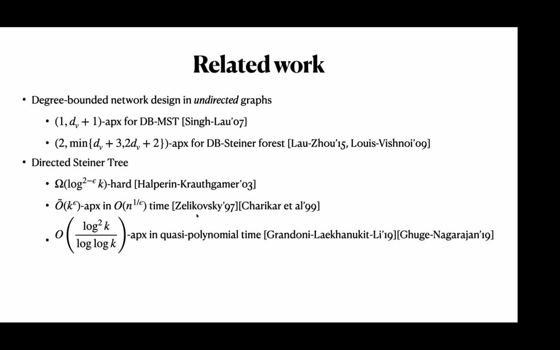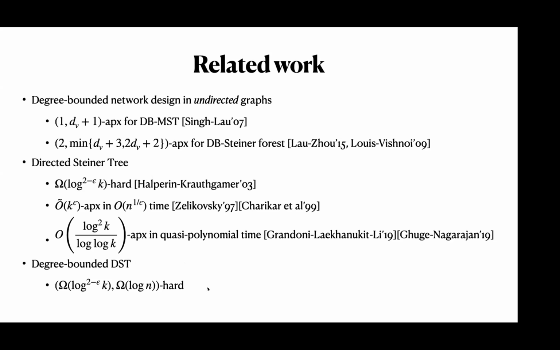However, if we allow quasi-polynomial running time, then there is a tight approximation ratio, log squared K over log K, assuming the projection game conjecture. And this was obtained very recently. But for the degree-bounded DST problem we studied, there is essentially no non-trivial approximation algorithm.